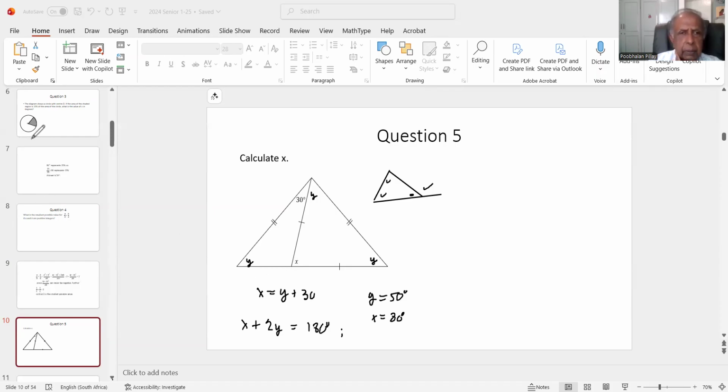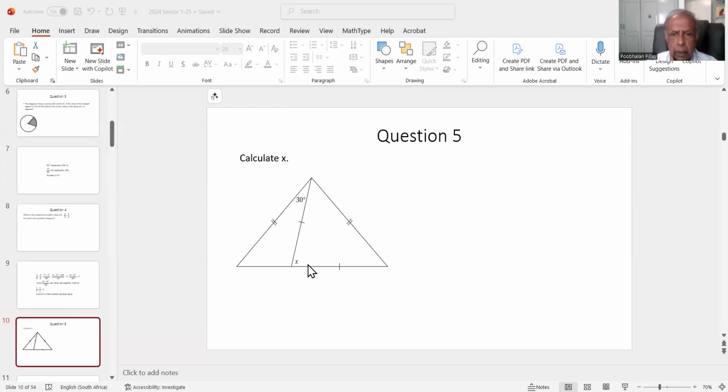I think I could have done this thing much faster if I did the following. Let me clear all the diagrams. Okay, so I should have gone straight to this. You see, this is x here. So this is x minus 30, because this is equal to that plus that. And this is still x minus 30. I don't have to use a y. So this is x minus 30, and these two are equal, so you have x minus 30 here also.